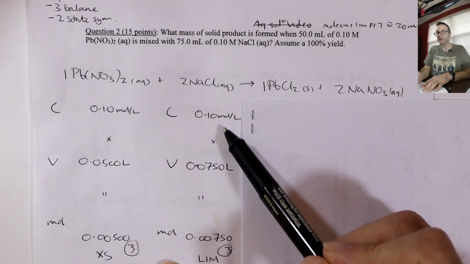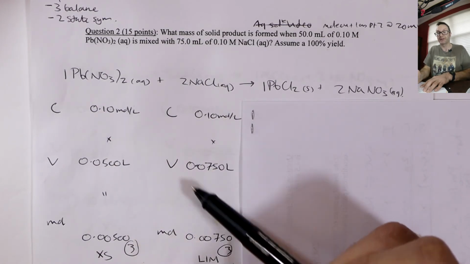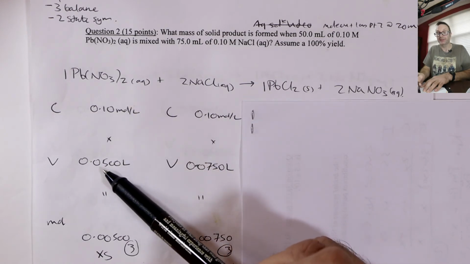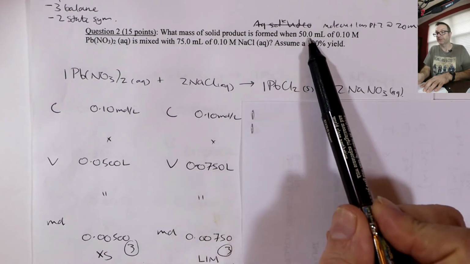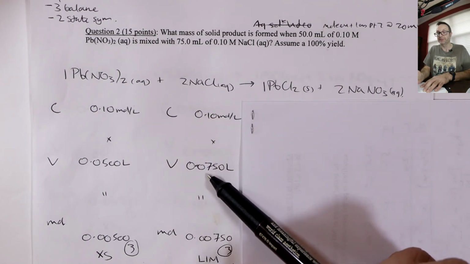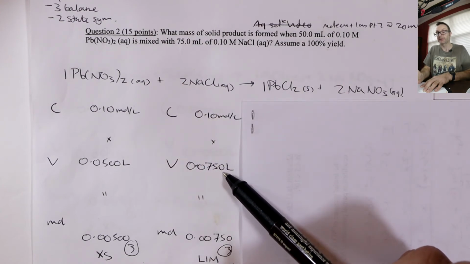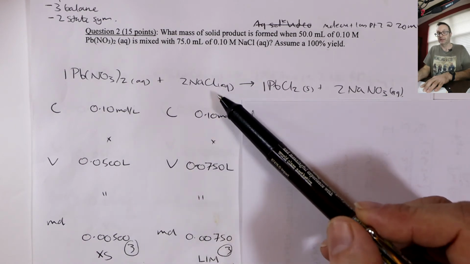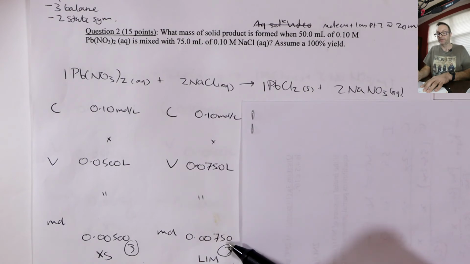Concentration times volume is moles, right? Careful though, in liters. So 50 milliliters is 0.050, and 75 is 0.075. Multiply that, 0.005 moles of lead 2 nitrate, 0.0075 of sodium chloride. Most people got that, which is great, right?